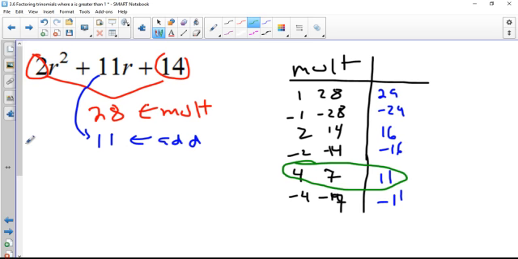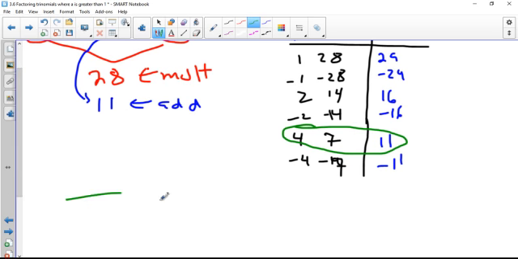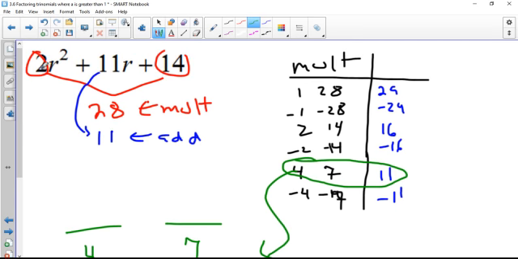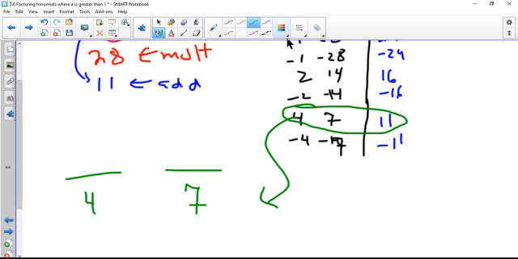Excuse me. So we draw our line, we put our two values, 4 and, oh gosh, not 4 and 4, but 4 and 7. 4 and 7, and again, those come from here, and on top, we take our value, we had 2r squared, so we're going to put just 2r.